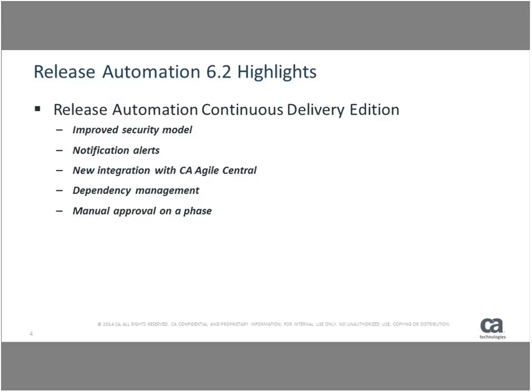We improved the integration we had with Agile Central. We also added a very unique dependency mechanism that will allow you to make sure that you are releasing stuff in the right order. And we've also added another phase approval mechanism that will allow you to have another pair of eyes, manual eyes, on everything that needs to be deployed, especially on production environments.